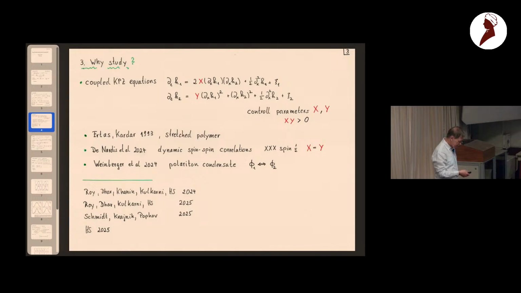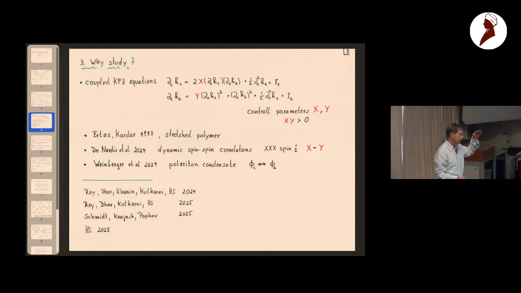And then this model resurfaced in the work of Jacobo Denardis. He was interested in something totally different. Namely, he looked at the quantum Heisenberg model at the isotropic point, the XXX spin 1/2 chain. He was trying to figure out what are the spin correlations in this model.